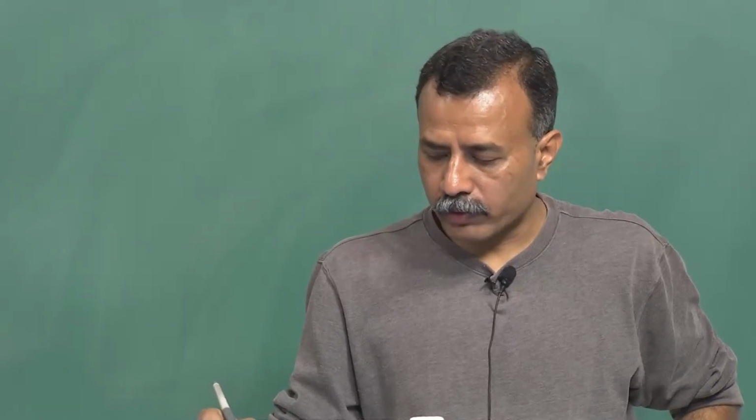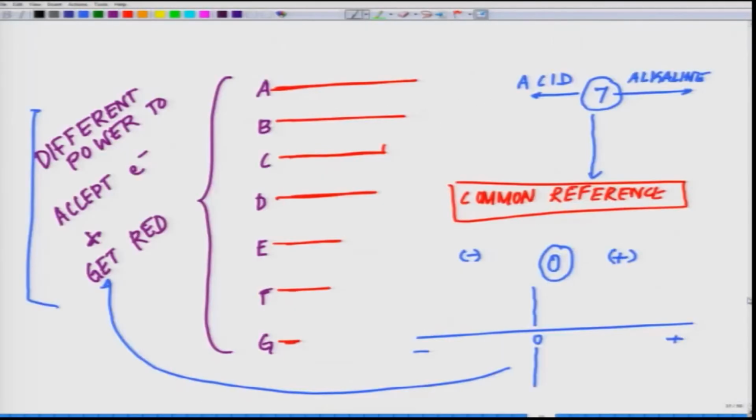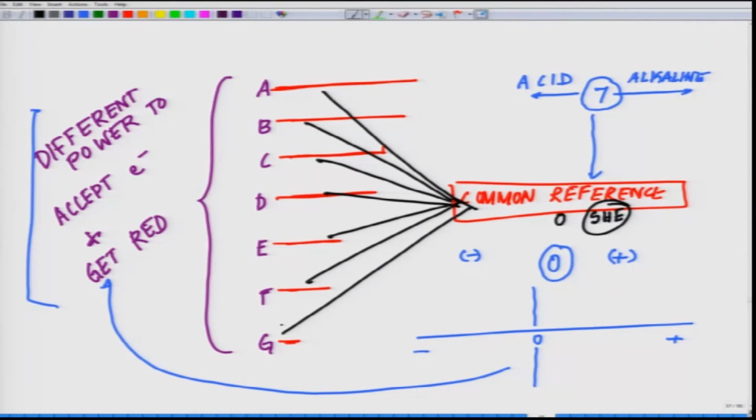This is your standard. Now, if I go back to what I was trying to tell you, this common one is sitting at 0, which is the standard hydrogen electrode, SHE. With respect to it, we have different values. So if something is standing at 0, something will be above it, something lower it.